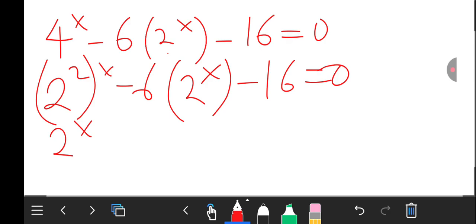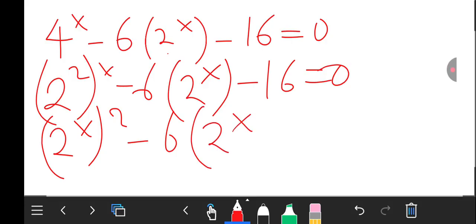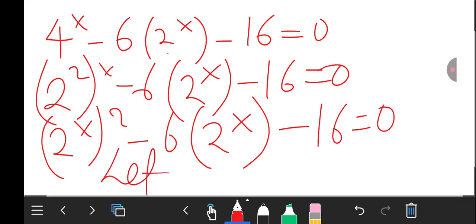So I can just say 2 to the power x, then raised to the power 2, minus 6, open brackets, 2 to the power x, minus 16 is equal to 0. So at this point, I can say let 2 to the power x be equal to any letter of my choice. I can pick y. Okay?